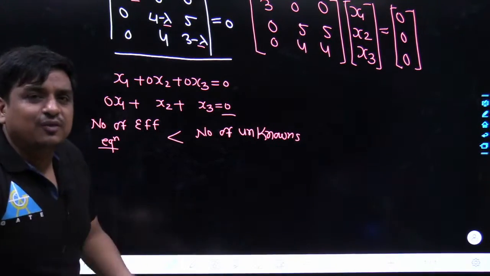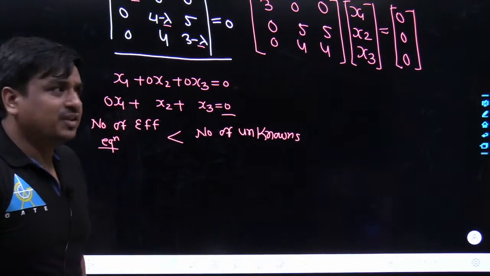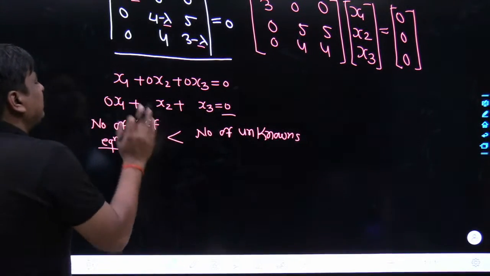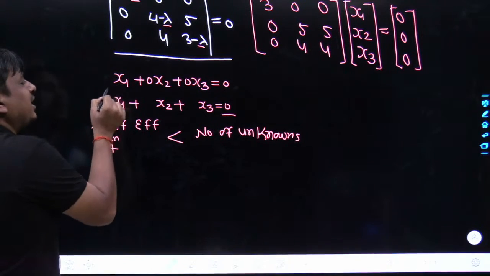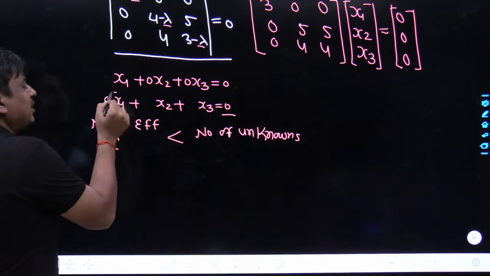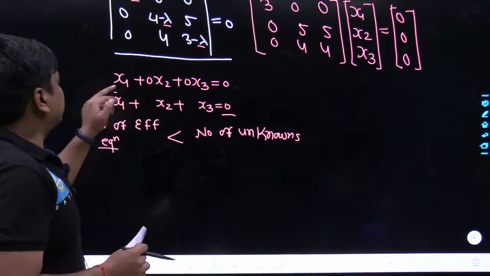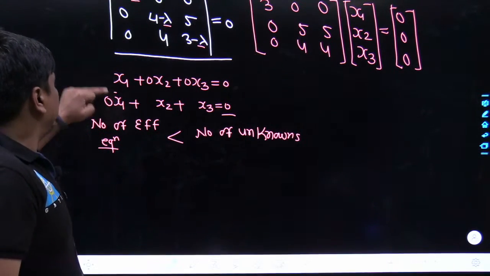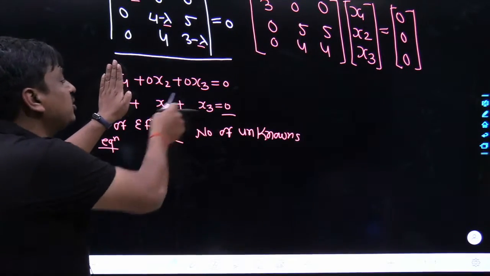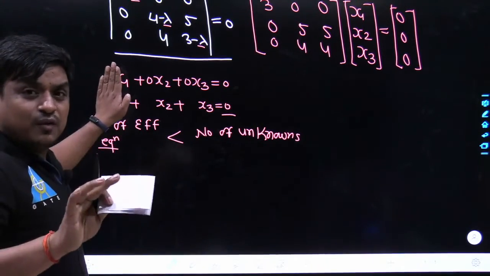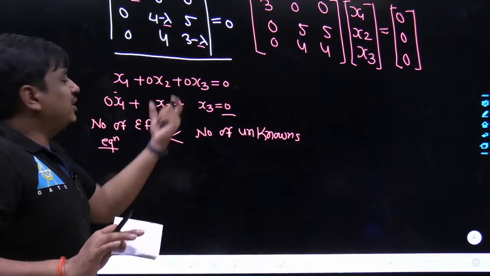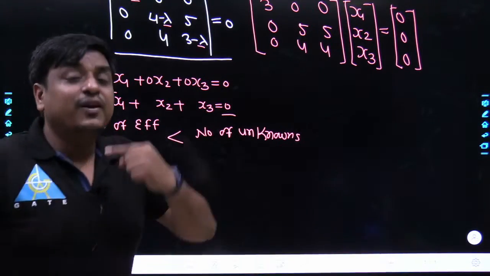Now people still will find it very difficult. How did you say that, sir? See, for the time being, at the very start, I can feed x1 as 1, maybe, in the first equation as well as the second equation. If x1 is kept as 1, the first becomes 1 and the second becomes 0. Now you have 2 unknowns as well as 2 equations. You will get the value of x2 and x3.